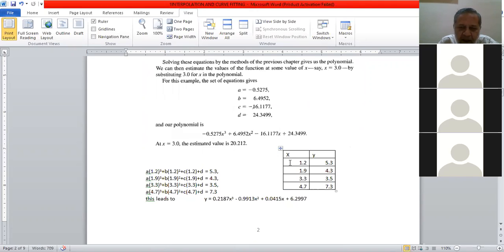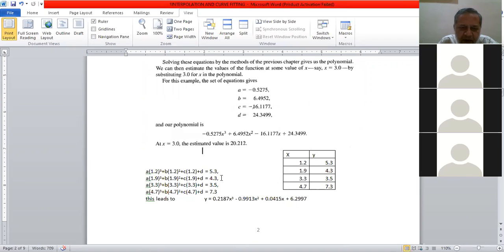If you are given some points, you can develop a curve. With 2 points, you can develop a straight line; with 3, a quadratic curve, that is a parabola; and with 4 points, a cubic.